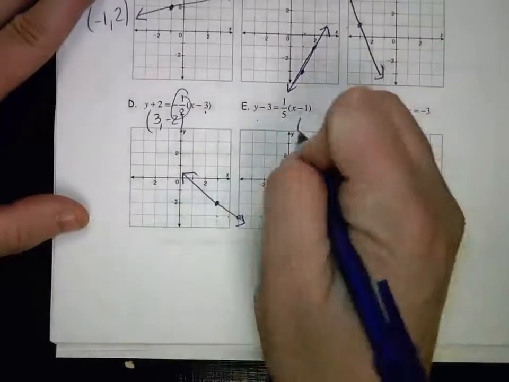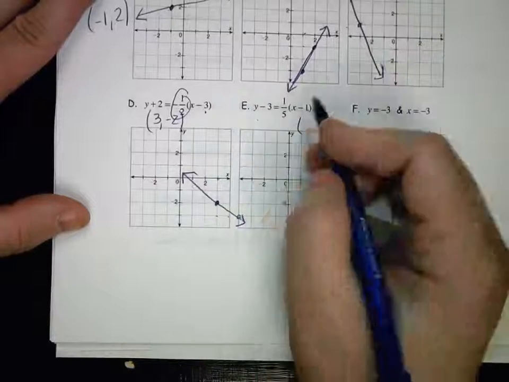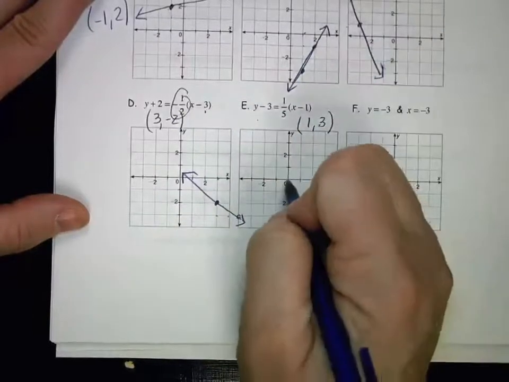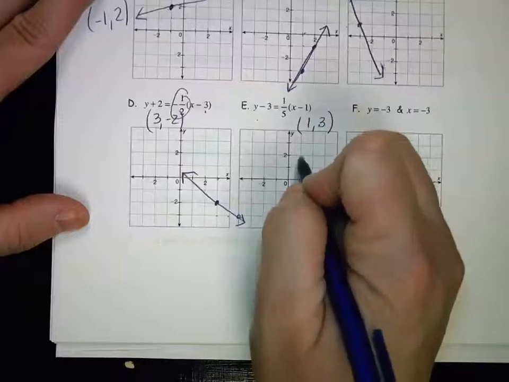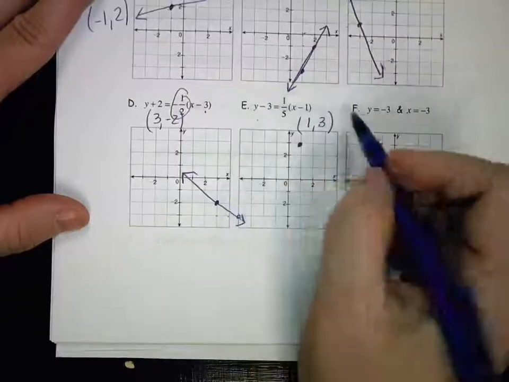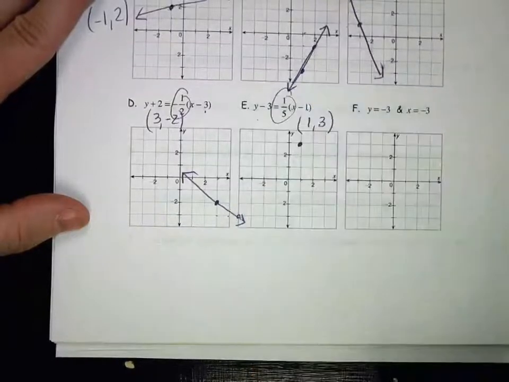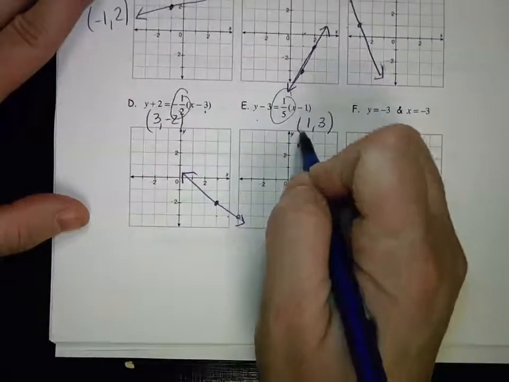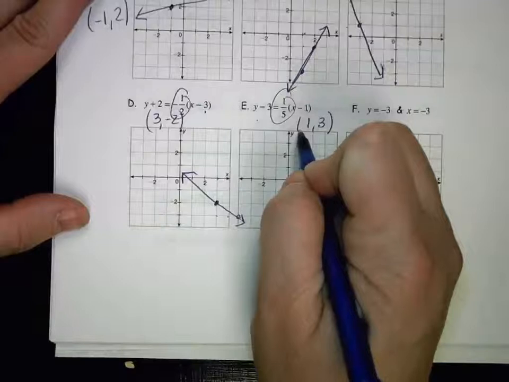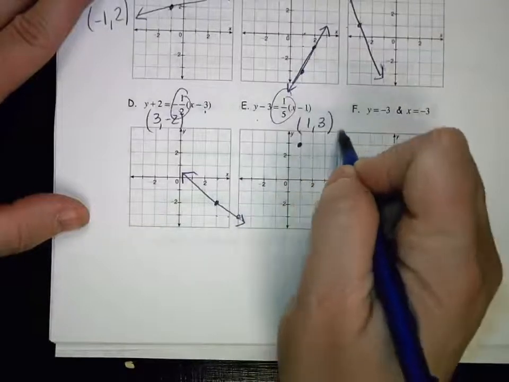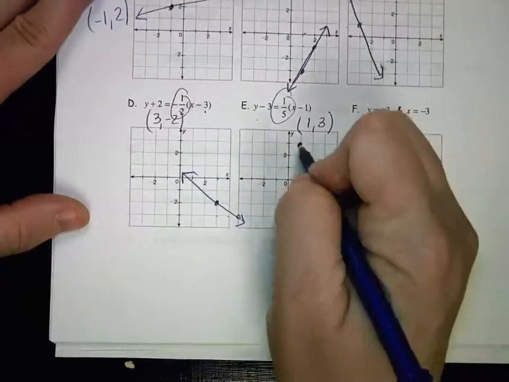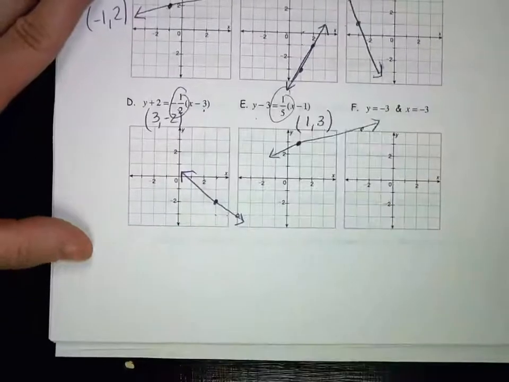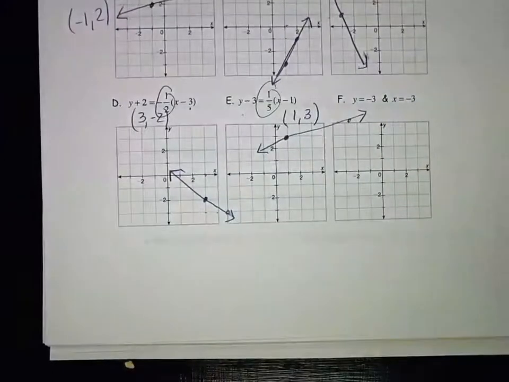Letter E, to get our point, we do opposite, opposite. So 1, 3, 1 to the right and up 3. Our slope here is 1/5. Slope is rise over right. So up 1, 5 to the right. Again, we're off the graph a little bit, but you get the picture. Our line looks something like that.